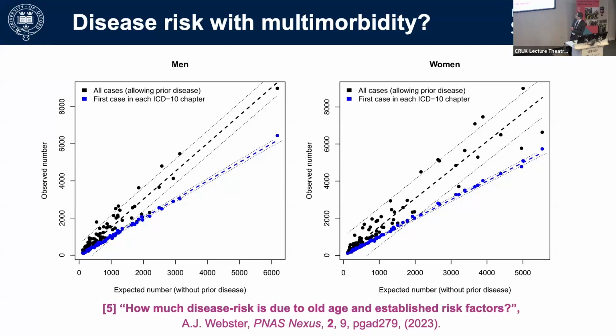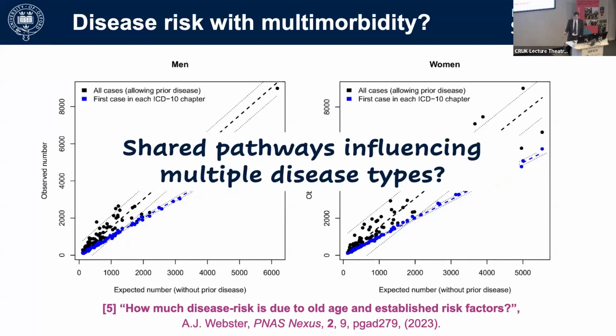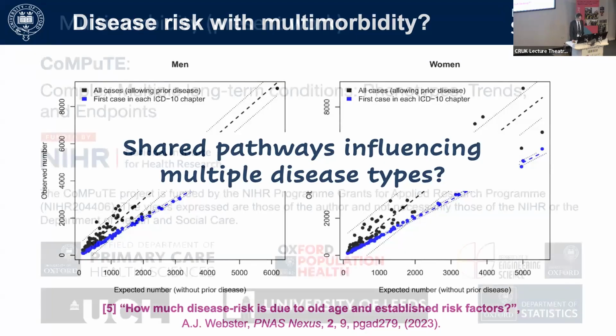And the other thing is that this increase is surprisingly similar across a whole range of different diseases. One possible explanation is that if there were shared pathways influencing multiple disease types, then we might expect different groups of diseases to be increasing by a similar amount. And this is further work that needs to be done.